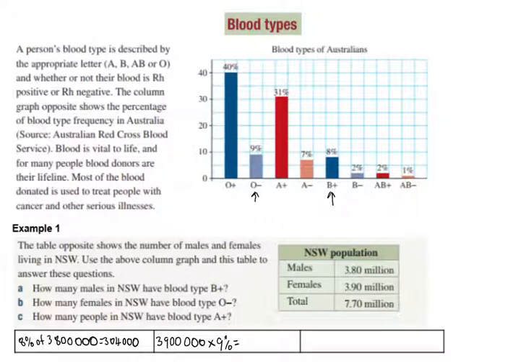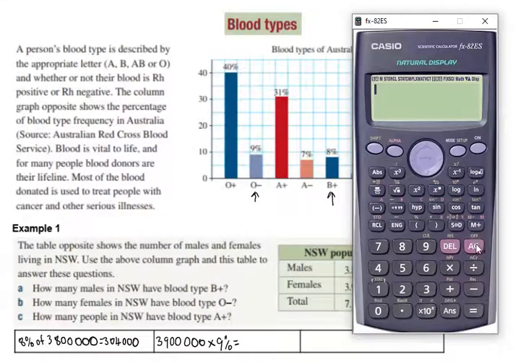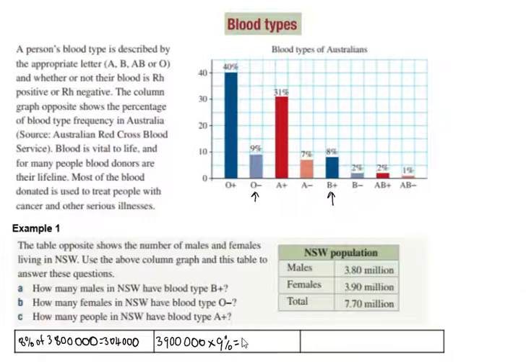So we grab our calculators again, and we have 3,900,000 times 9% equals 351,000.